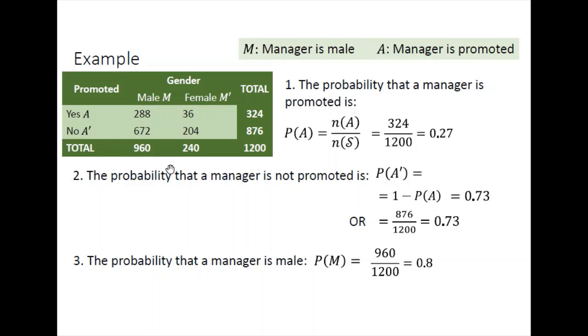Who is not promoted, it means A prime, it means no promotion. So in total we have 876 managers who are not promoted divided by the number of managers in total, 1,200. Again, 73% of managers are not promoted.